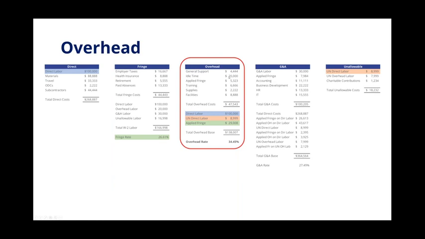If you were to get out your calculators right now and take $20,000 and multiply by 26.61%, you would come up with $5,323. And so the reason that we do that is that we need to remember we talked about allocating fringe. Well, if I've got overhead labor in my overhead pool, then it needs to bear its portion of the fringe. So that's why I have an applied fringe, and that calculation comes in over there.